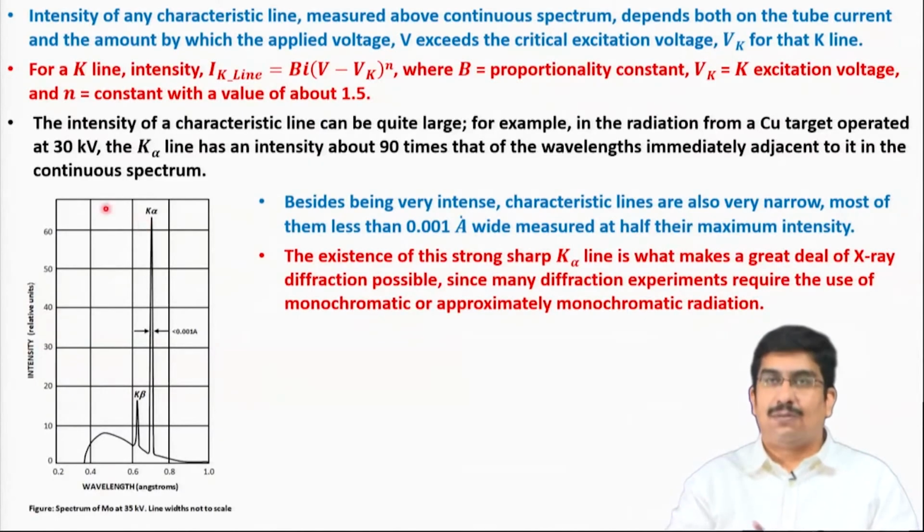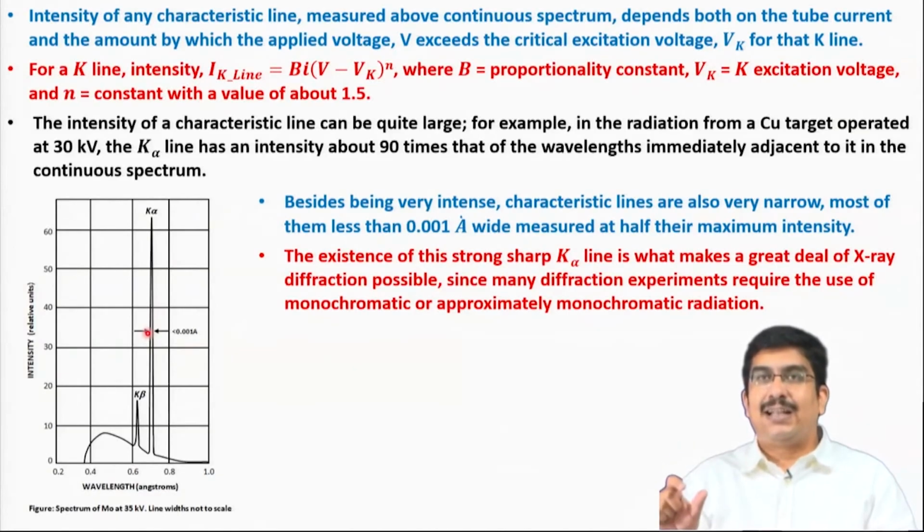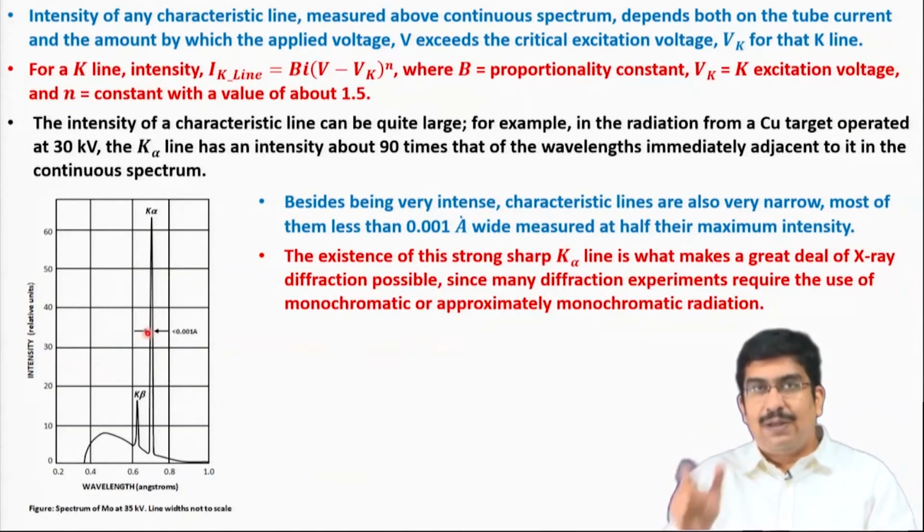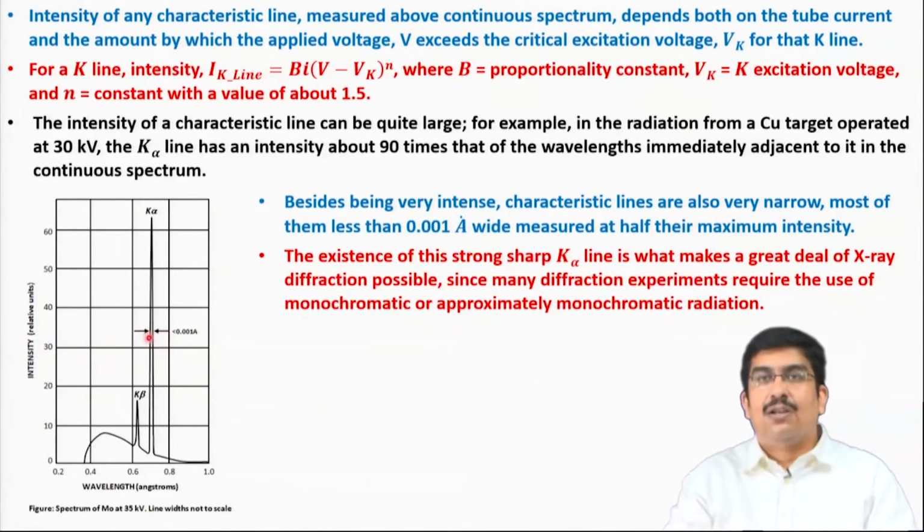Another important point, which we have already discussed, is that besides being very intense, the characteristic radiations are also very narrow. That means their wavelength is very well defined, with very little deviation, because it is energetically determined. Whatever randomness there is in the energy will be reflected in the width of this characteristic X-ray radiation, which is often 0.001 angstrom wide, measured at full width at half maxima.